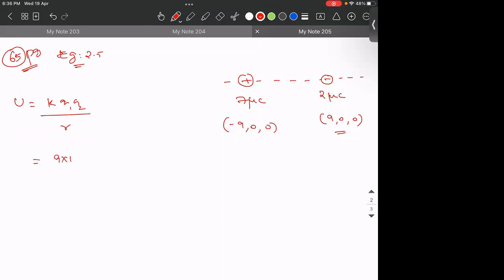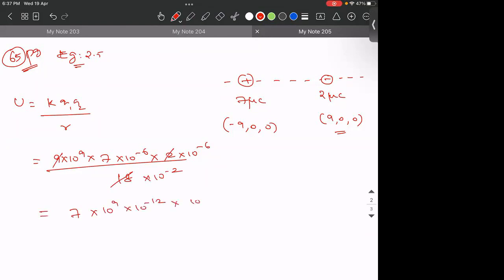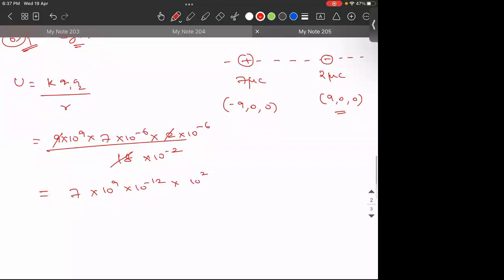So this will be 9 into 10 power 9 into 7 into 10 power minus 6 into 2 into 10 power minus 6, the whole divided by 18. 9 into 2 is 18, and this will be 10 power minus 2. So 7 into 10 power 9 into 10 power minus 12 into 10 power 2. 7 into 10 power minus 1, or it is going to be 0.7 joule. Am I right?